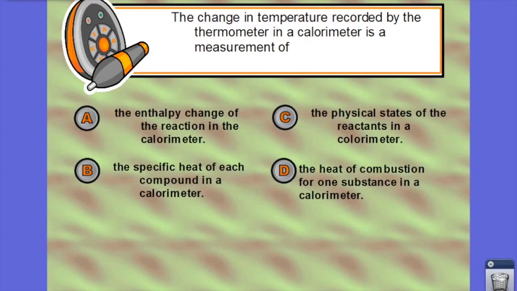If the concrete or the sand has a low specific heat, that means the change in temperature will be high. So they ask here, the change in temperature is directly related to what? High change in temperature goes with low specific heat. So it has to be specific heat.